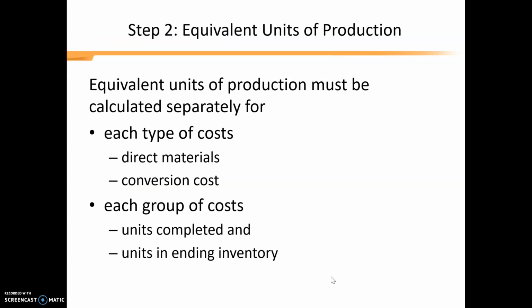Okay. So when we're calculating the equivalent units, this is where we're going to separate the costs between direct materials and conversion costs. The reason why we have to do this is because the direct materials can be at a different stage of completion than the conversion costs.